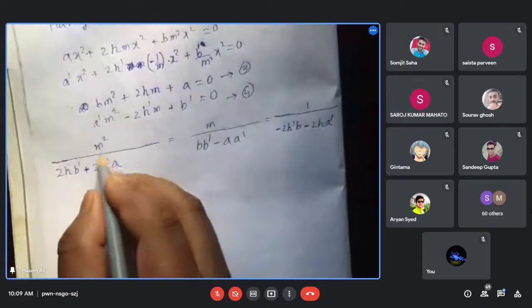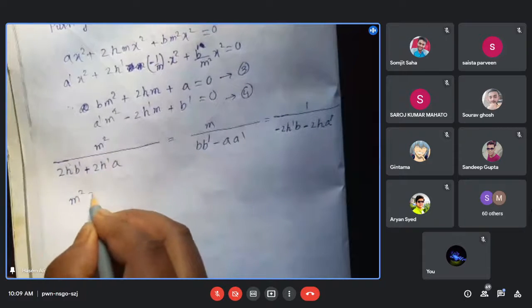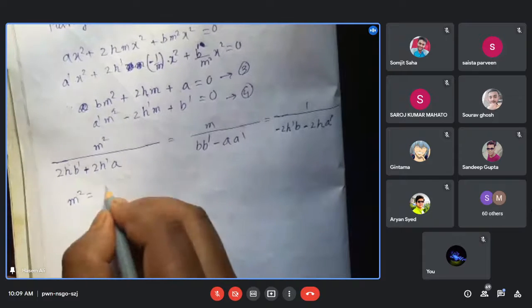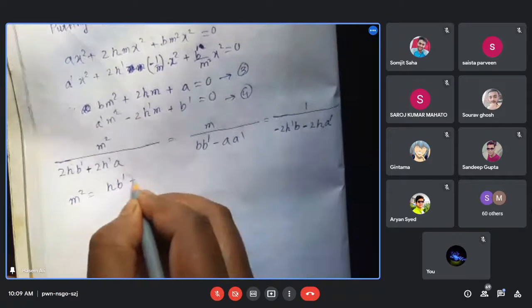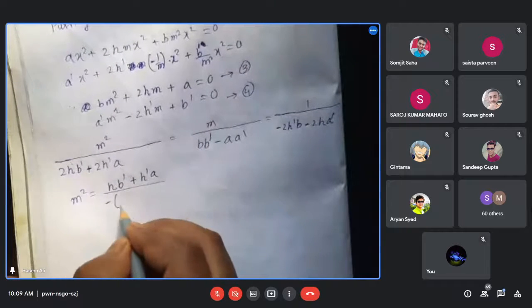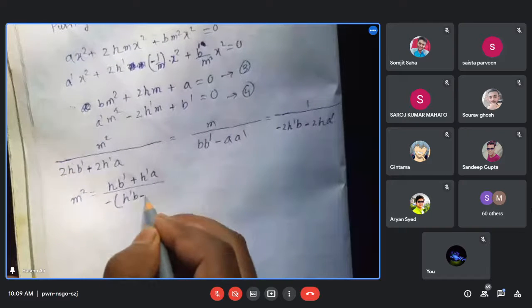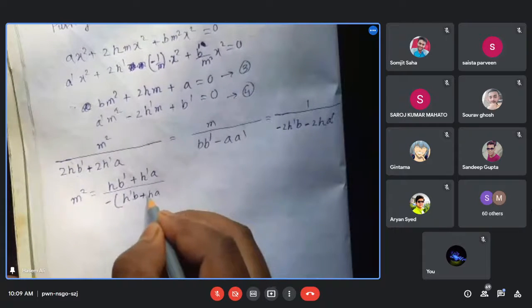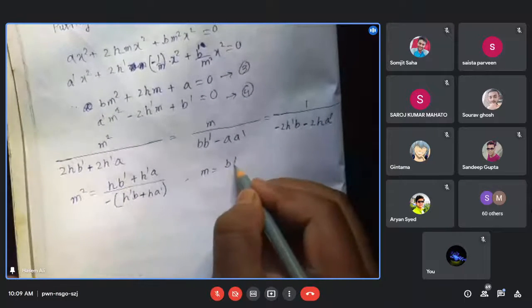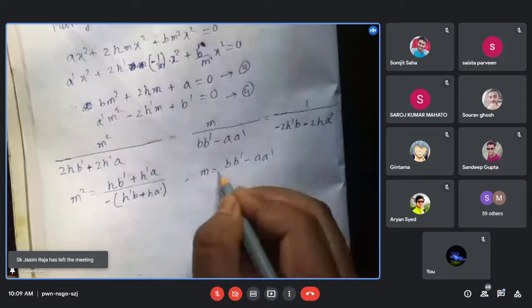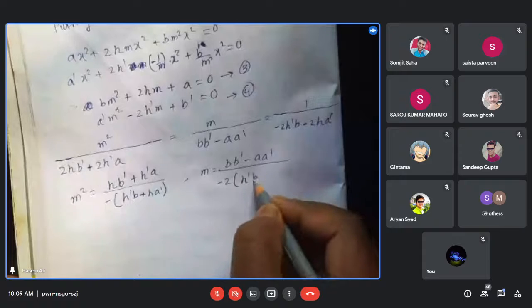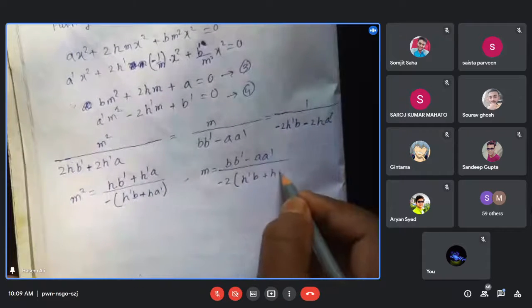So we have m square equals to hb dash plus h dash a divided by minus h dash b plus ha dash, and m equals to b dash minus a dash divided by minus 2h dash b plus ha dash.